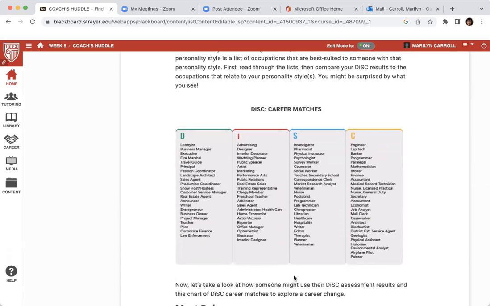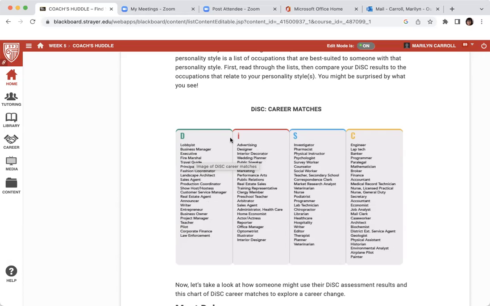We got into it. So if you're on the D, I would look down the D list and see which of these kind of match me and pick one or two or three, or it said 2 or 3. So D, you have lobbyist, business manager, executive, fire marshal, travel guide, principal, landscape sales agent, and the list goes on. I, you have advertising, designer, the creative people. You got a lot of creative people over here.